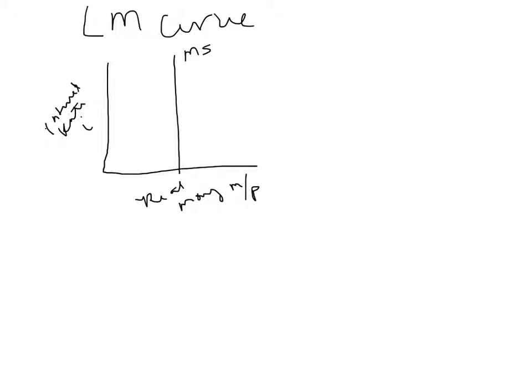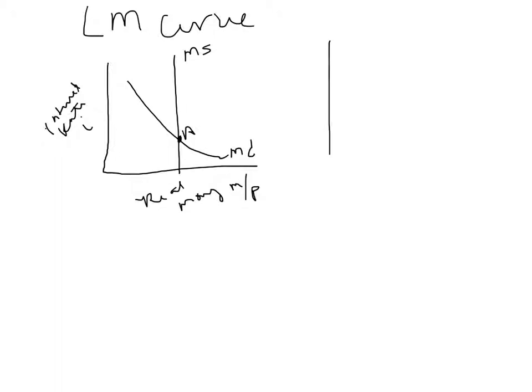That's not sensitive to any interest rate, so that's why it's completely inelastic, because the Federal Reserve determines how much money is in circulation. And then we have our money demand curve. And this is the first equilibrium point.